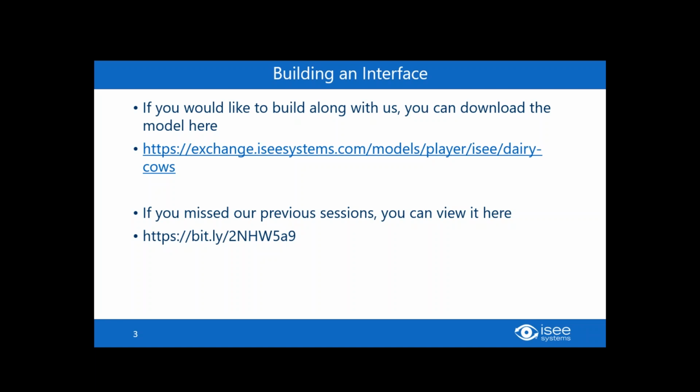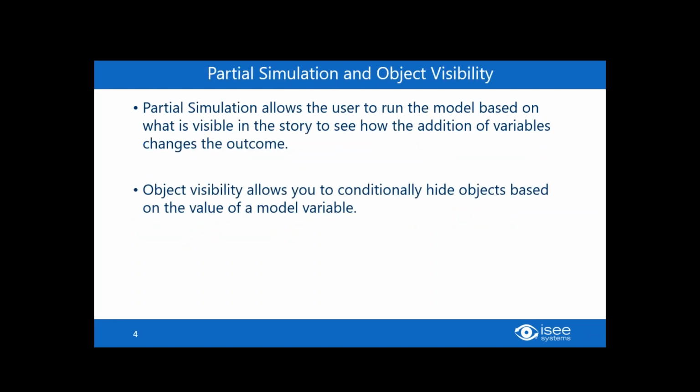And just before we dive into the actual model, we wanted to quickly go over what exactly is partial simulation and object visibility. Partial simulation allows you to run the model based on what's visible within a story. It helps the user to see how the addition of variables actually changes the outcome.